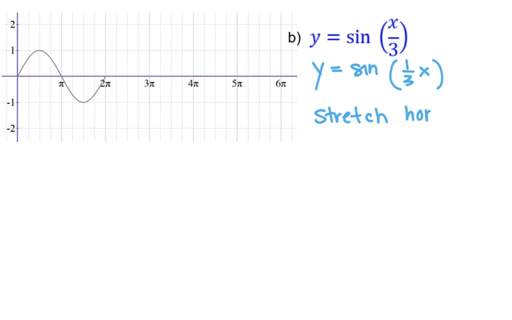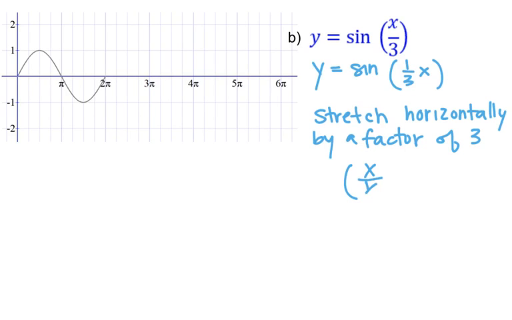stretch horizontally by a factor of 1 over 1/3. 1 over 1/3 is 3, so by a factor of 3. That's going to take all of my x values and multiply them by 3. Again, we have x divided by 1/3, y.